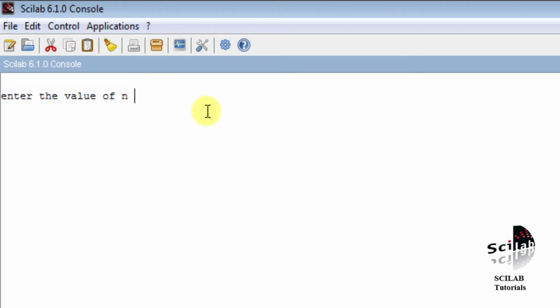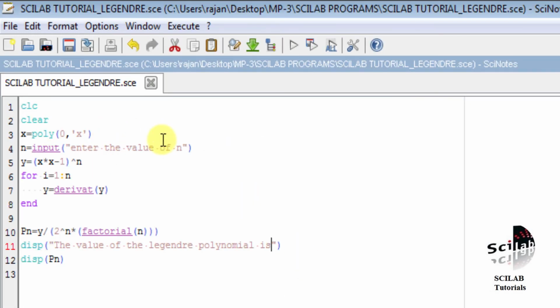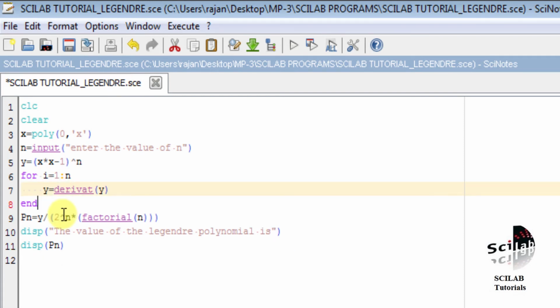I will write now 2. So what we are getting is the value of the Legendre polynomial is minus 0.5 plus 1.5 x square. So by using the Rodrigues formula we can generate the expression for any order of the Legendre polynomial. So this is the code for the Legendre polynomial using the Rodrigues formula, and in the next session we will try to evaluate the properties of the Legendre polynomials also.